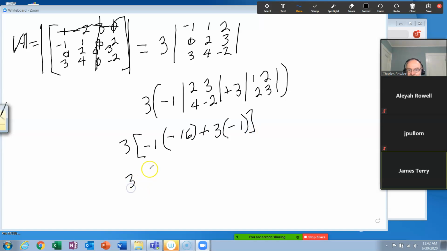So that'll be a 3 times -1 times -16 is +16 minus 3, and 3 times 13 is 39. What does that tell you?